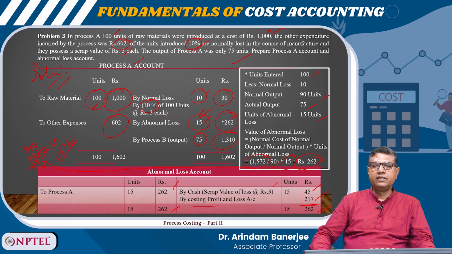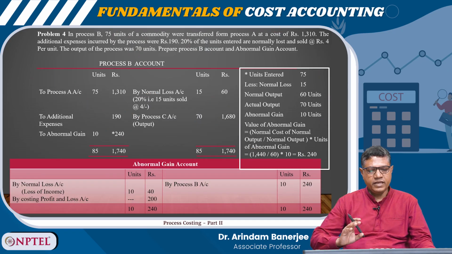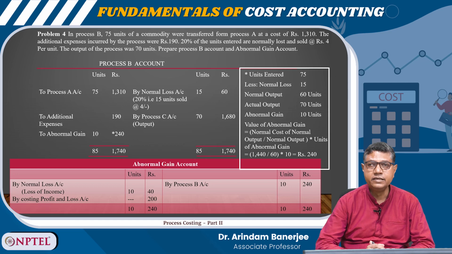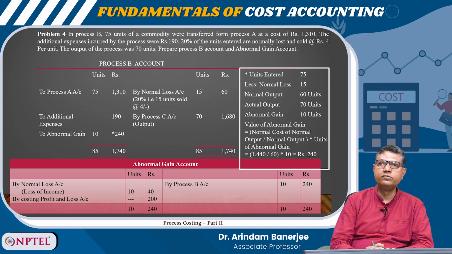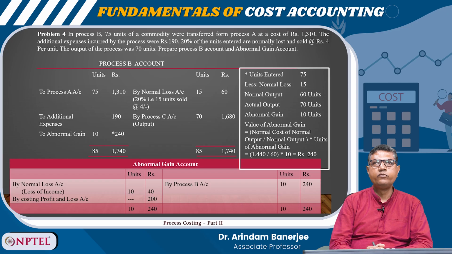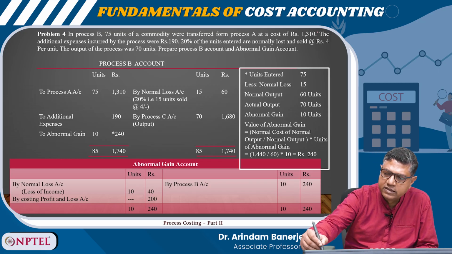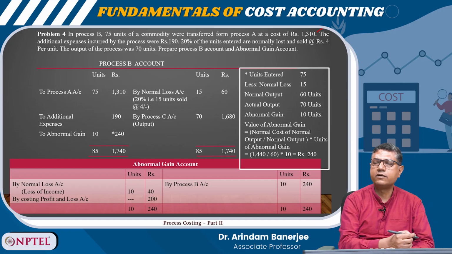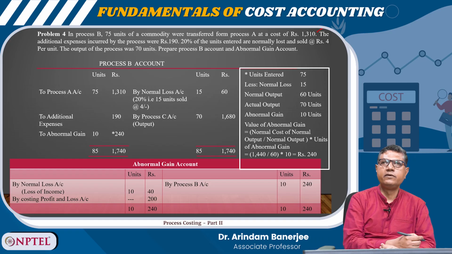We will see in the next illustration another problem where it is a case of abnormal gain. So, this is the problem. In process B, 75 units of commodity were transferred from process A at a cost of rupees 1310.